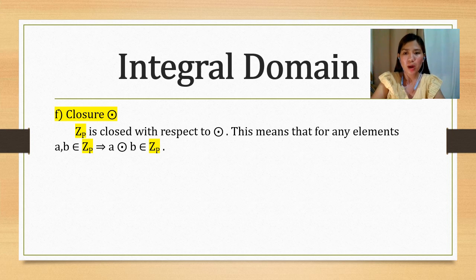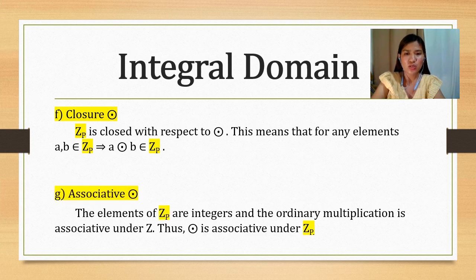The closure property under multiplication modulo n can also be based on the mere fact that the elements of Z sub p are integers and Z is closed under multiplication. This means that for any elements a, b of Z sub p, we have a circle dot b, an element of Z sub p.